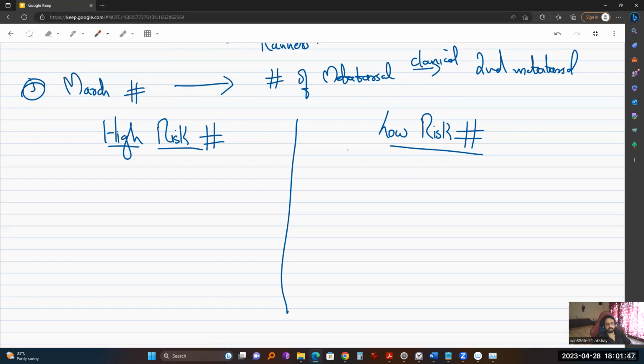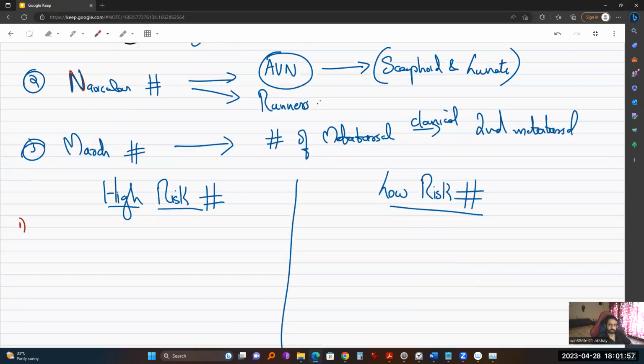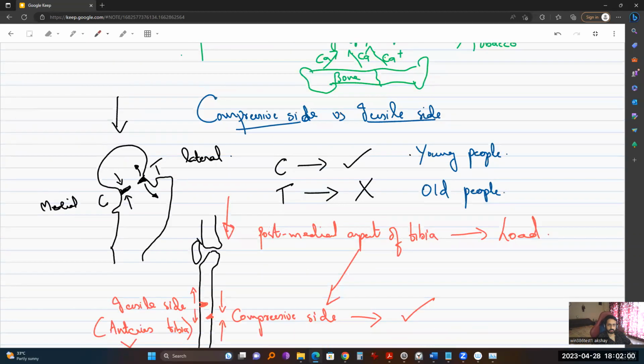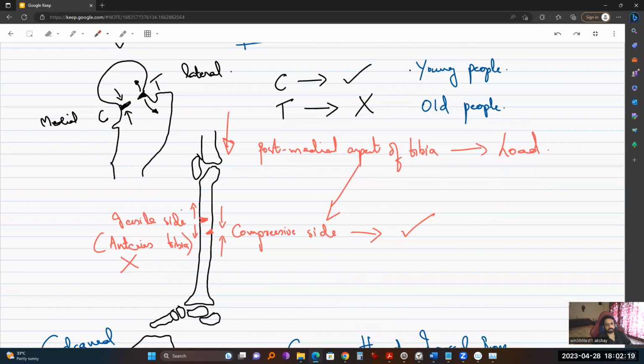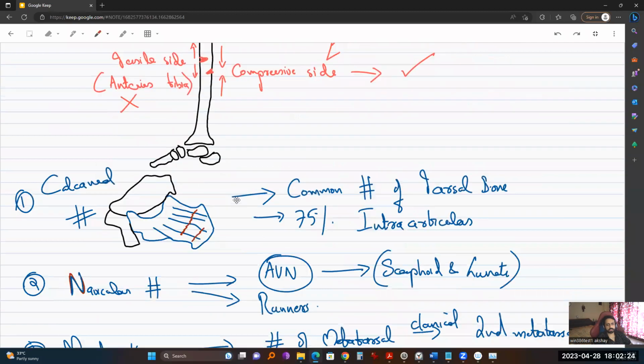Just like what we studied now, we studied two fractures which are high risk and do not heal. One is the lateral femoral neck fracture. It does not heal because it's on the tensile side. Then in the tibia, the anterior tibial fracture, because it's on the tensile side.